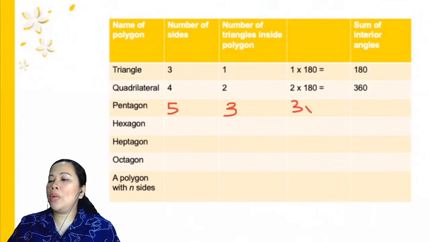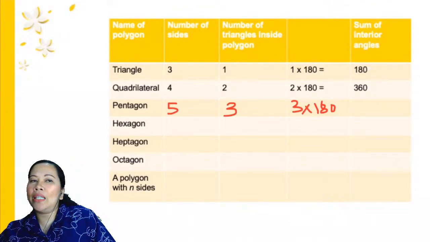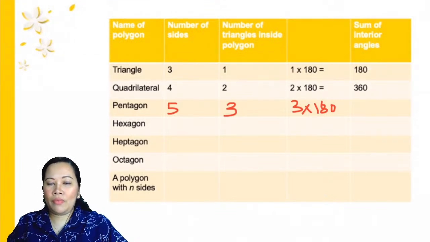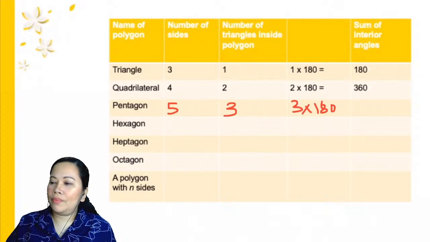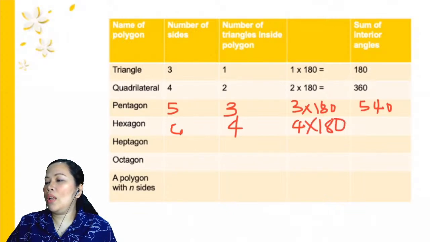Therefore, 3 times 180 will be your sum of interior angles. What is 3 times 180? This will be 540. Hexagon is 6, minus 2 is 4. 4 times 180. So 540 plus 180 is 720.